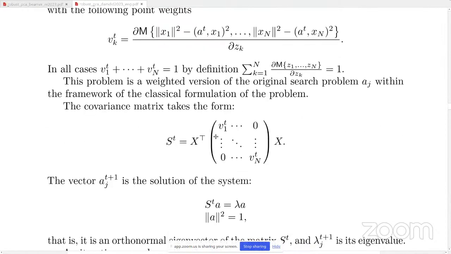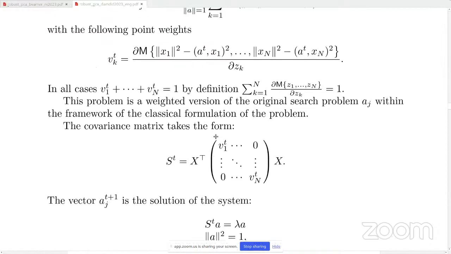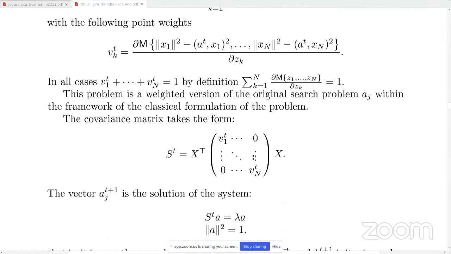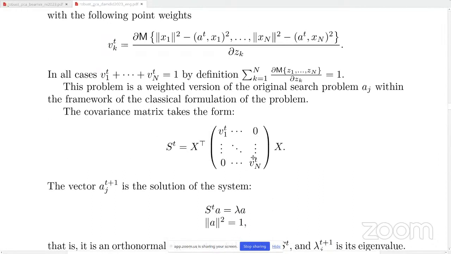The problem of finding the principal component is also reduced to a system of matrix equations, similar to the equation that we solved for classical principal component analysis.